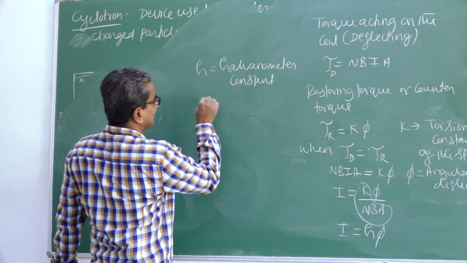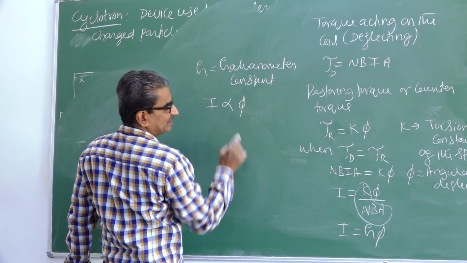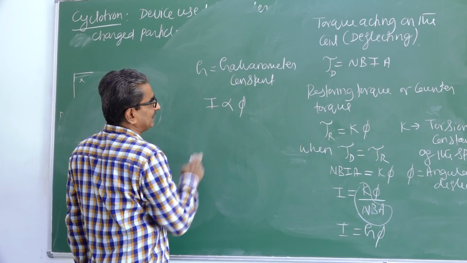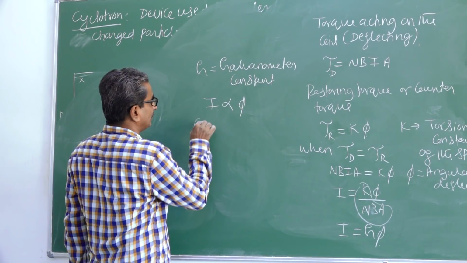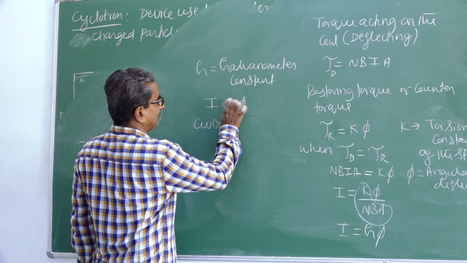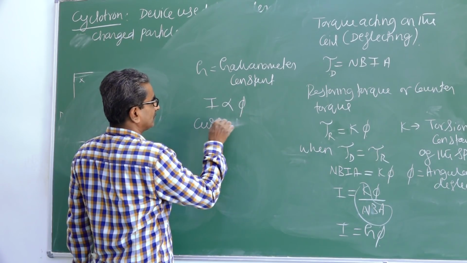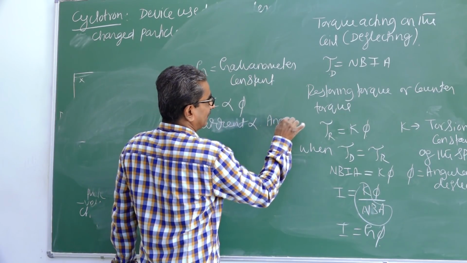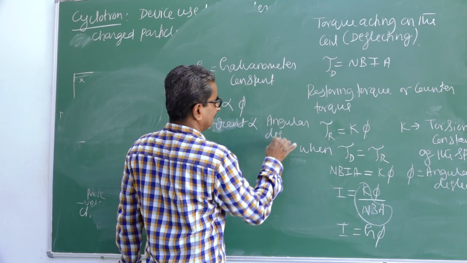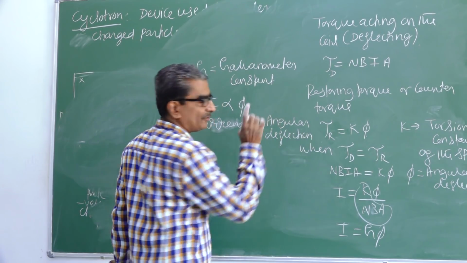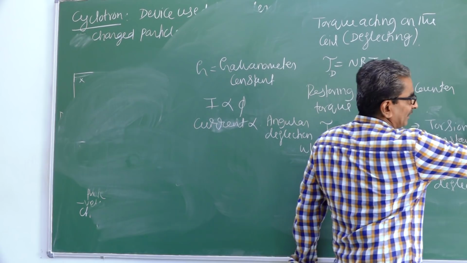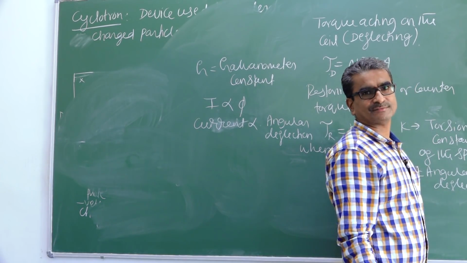So I is proportional to phi since G is a constant. That means current is directly proportional to angular deflection, that means angle of deflection of the coil. So larger the current, larger will be the deflection.